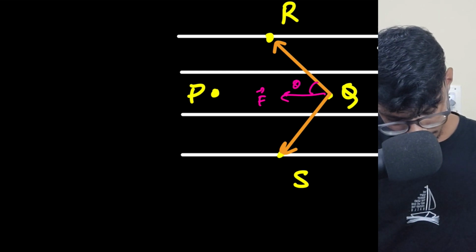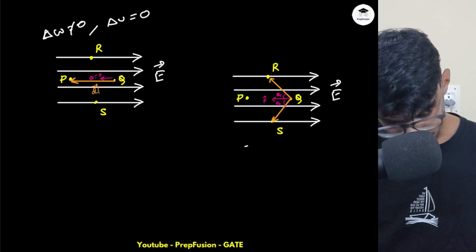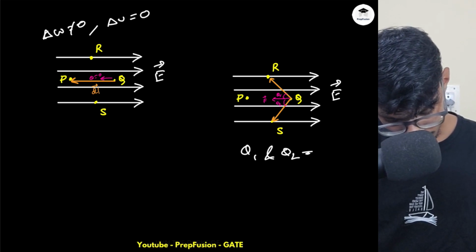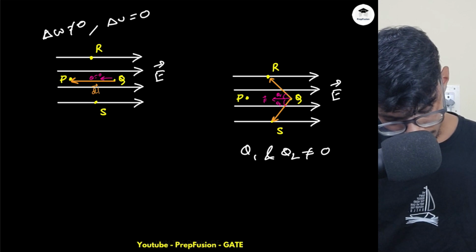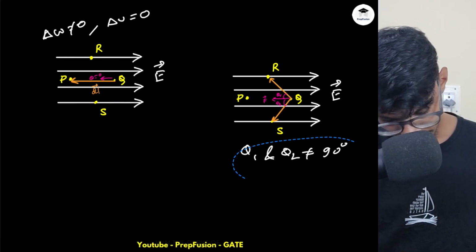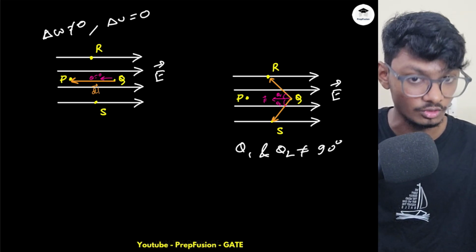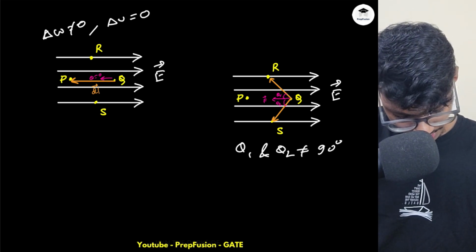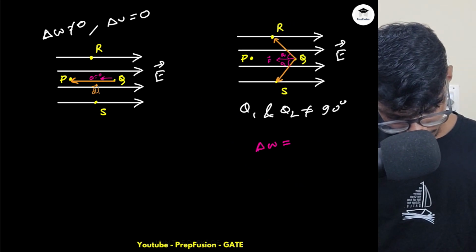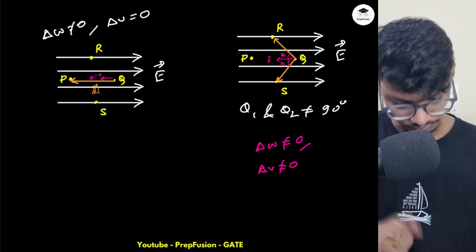So again, the angles theta 1 and theta 2 are not equal to 90. This much I can say. And if they are not equal to 90, as it is a function of cos theta, I can surely say that my del W will not be equal to 0. Hence, my del V will also not be equal to 0.